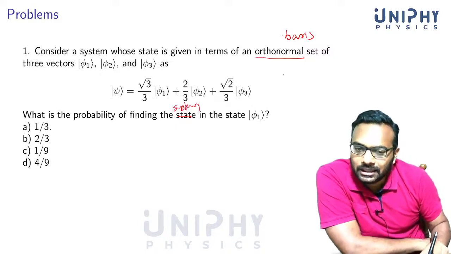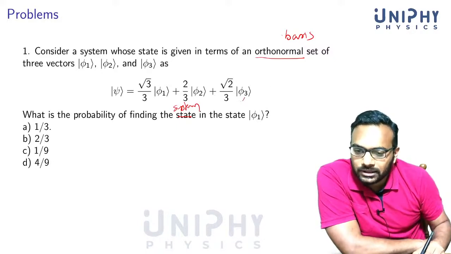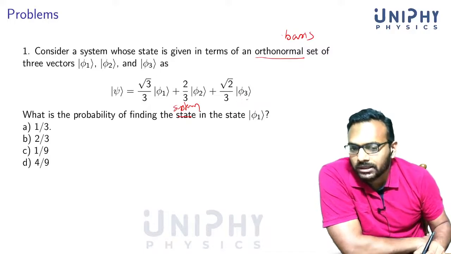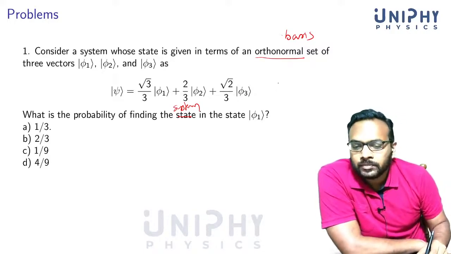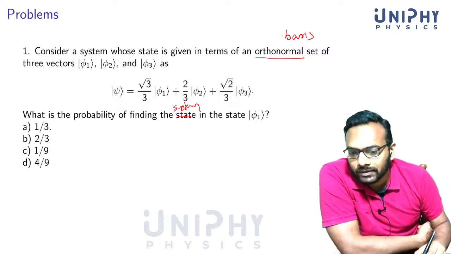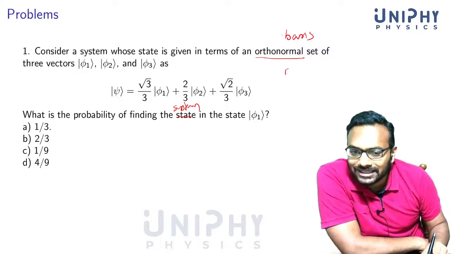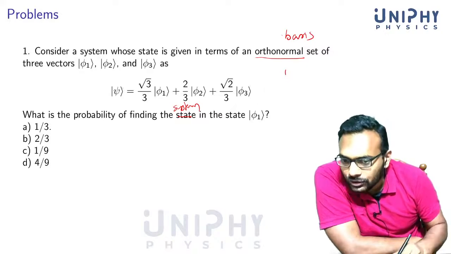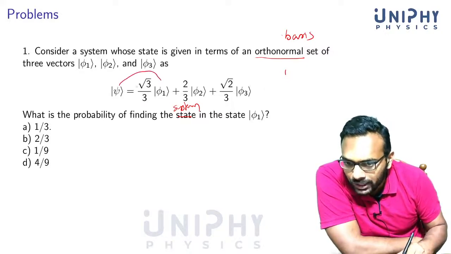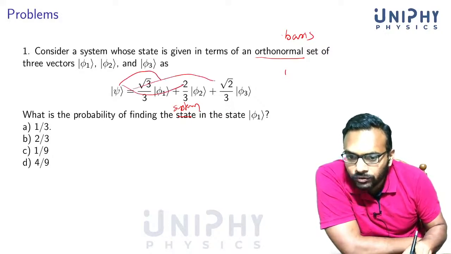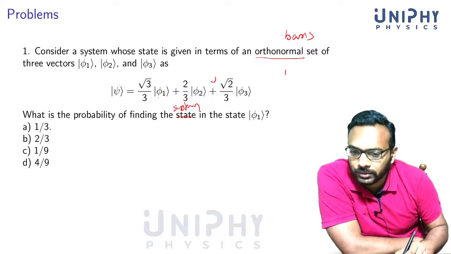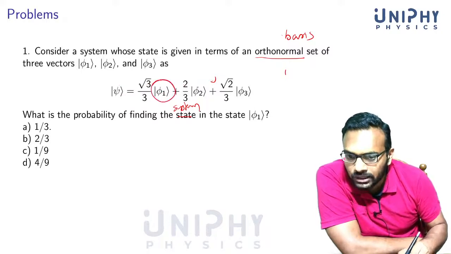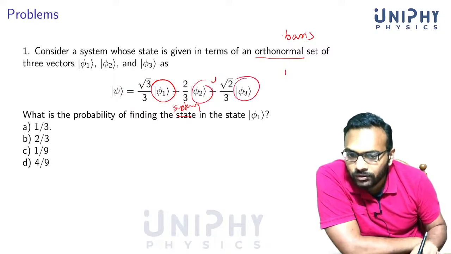That means, as I said, this could be the eigenvector of any operator. It could be the eigenvector of the Hamiltonian operator, for example. Suppose these are the eigenvectors of the Hamiltonian. Once you measure the energy, the state of the system changes from psi to phi 1 or phi 2 or phi 3. Because once you make a measurement, you can never see it in superposition. You will see it in either phi 1 or phi 2 or phi 3.